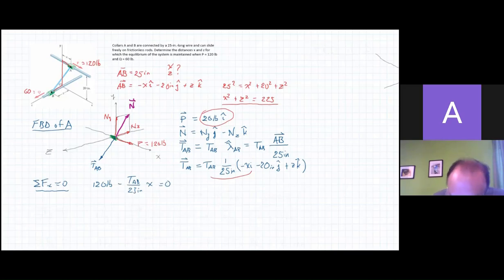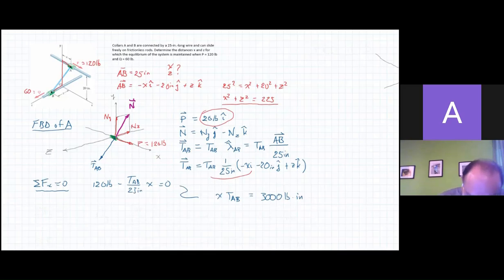From here, we get this equation: x TAB equals 25 times 120, which is 3,000 pounds inches. Okay, that looks like a good equation because it has x in there.